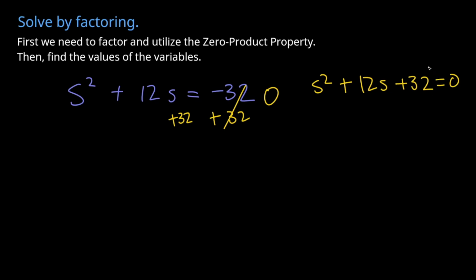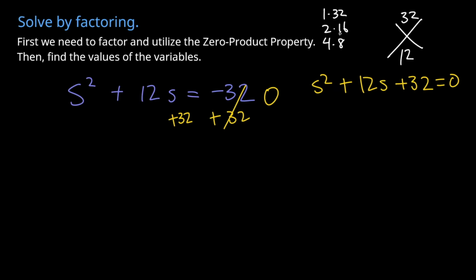So we need factors of positive 32 that add up to positive 12. So factors of 32, we have 1 and 32, 2 and 16, 3 doesn't work, 4 and 8, 5 doesn't work, 6 doesn't work, 7 doesn't work.